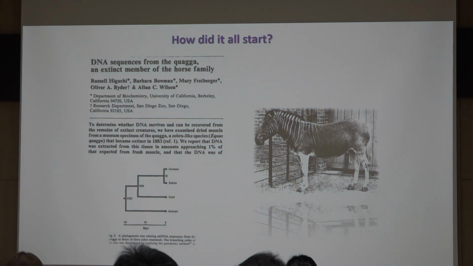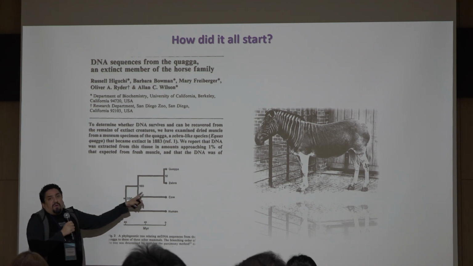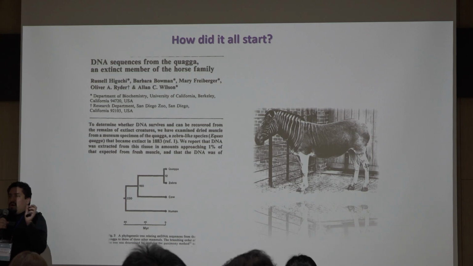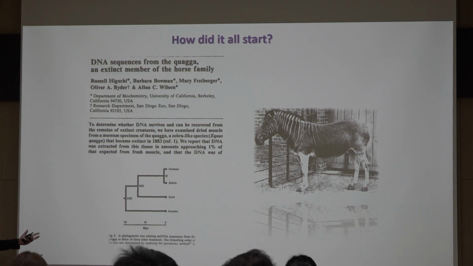The first report of ancient DNA came from a now classical paper by Higuchi and collaborators, describing the ancient DNA sequences of the mitochondrial DNA from this animal here, which is called quagga. And remember, back then we were just dealing with mitochondrial DNA, so a very small fragment of the whole genetic information of a full organism.